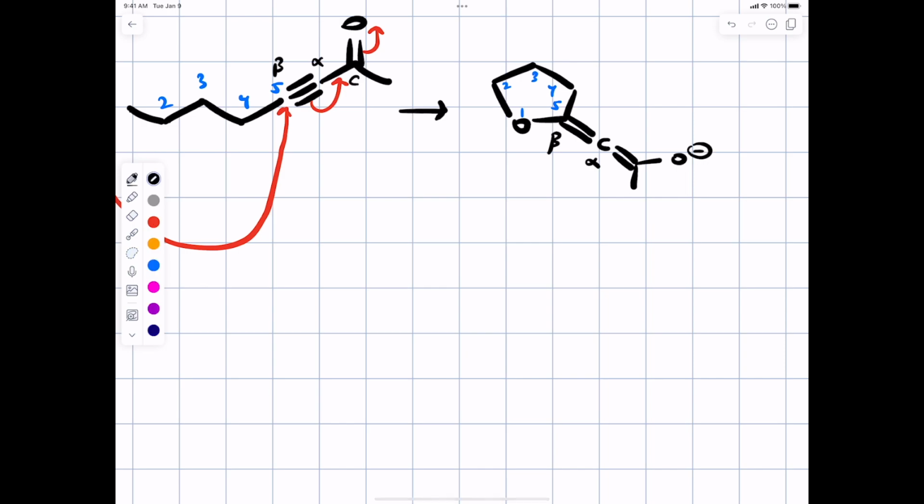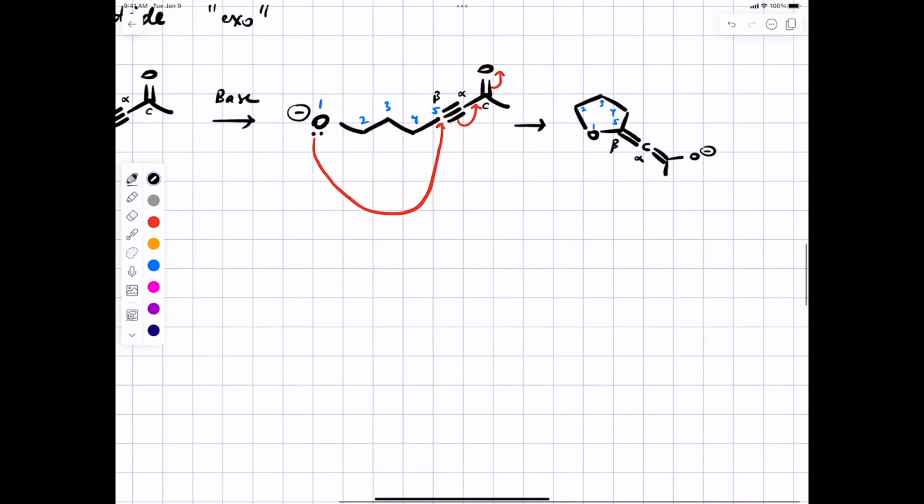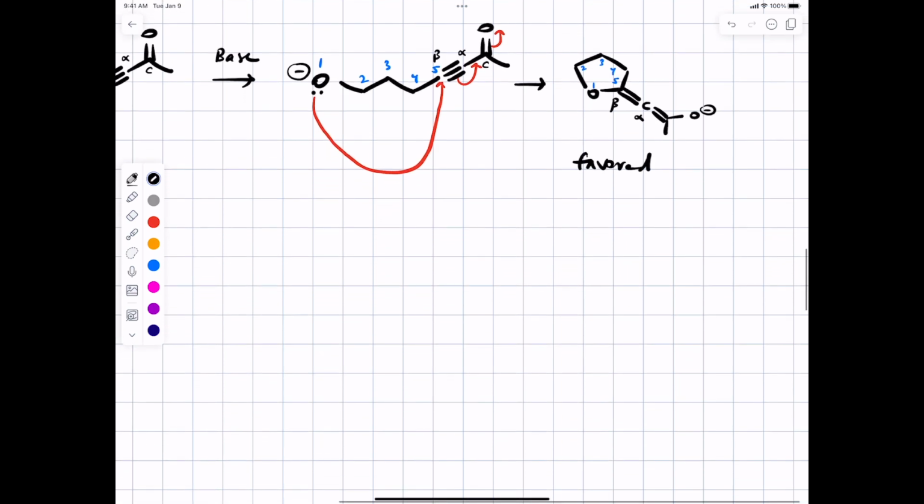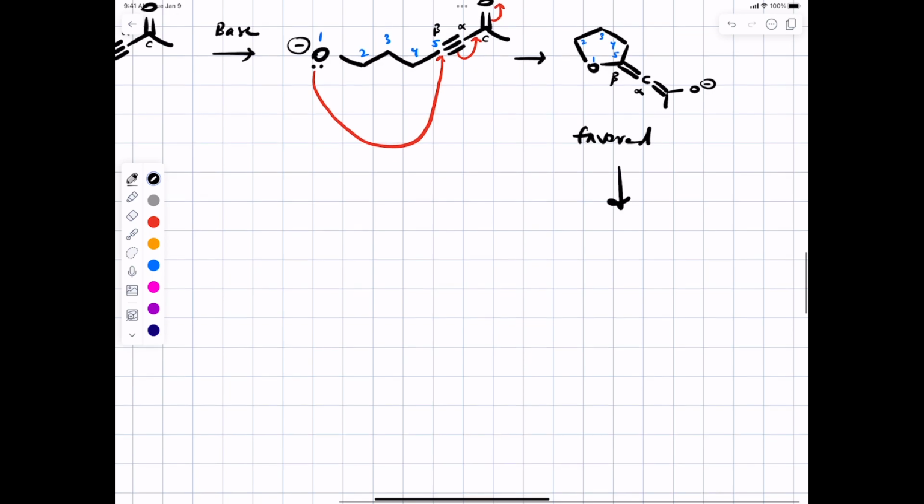Okay, so let's talk about what kind of cyclization this is. By the way, this reaction is favored. It works just fine. Probably, as with all conjugate additions that we've talked about, you protonate on the oxygen first.